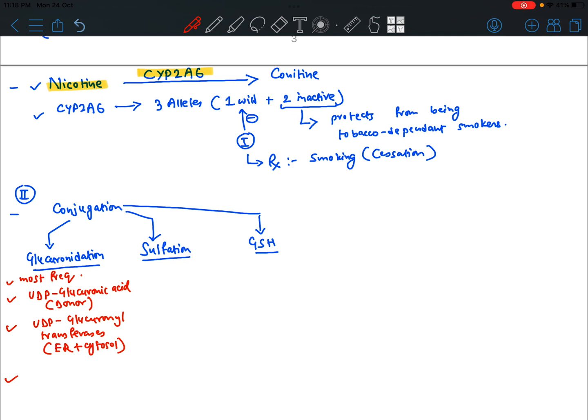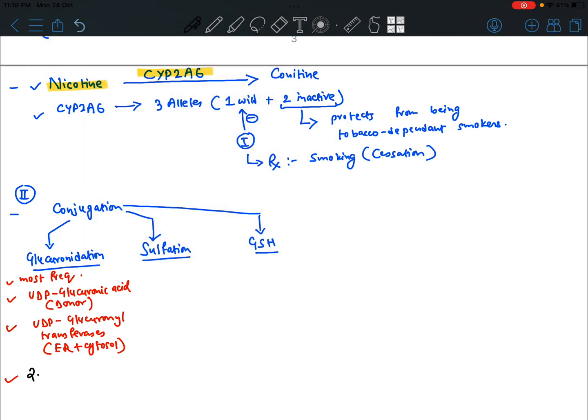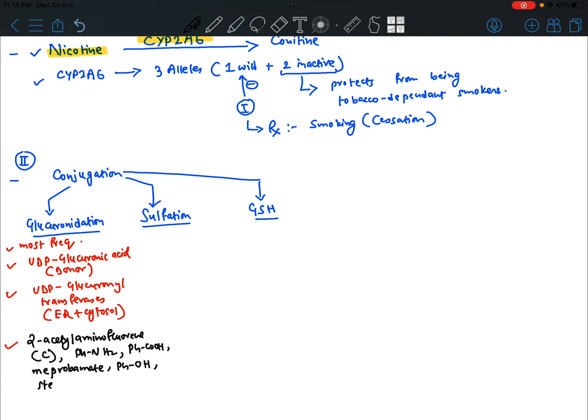Some examples given in Harper are 2-acetylaminofluorene, which is a carcinogen, aniline, benzoic acid, then tranquilizers like meprobamate, phenol, then steroid hormones.